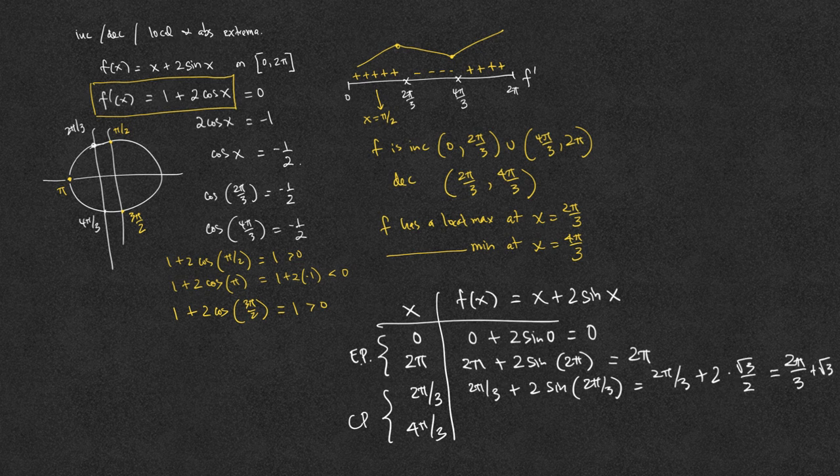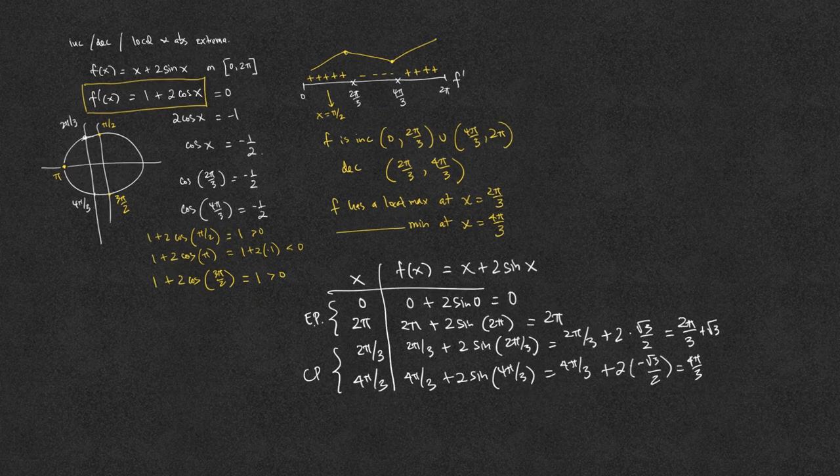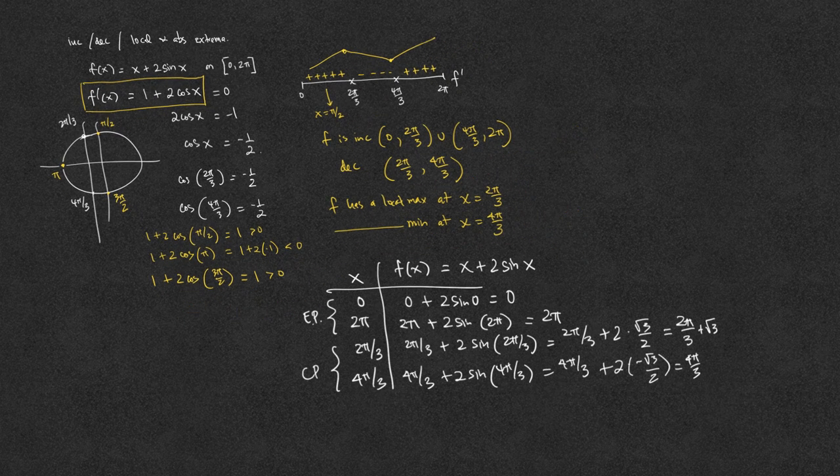F of 4 pi over 3 is 4 pi over 3 plus 2 sine of 4 pi over 3. Sine of 4 pi over 3 is negative root 3 over 2. And so this is 4 pi over 3 minus root 3.